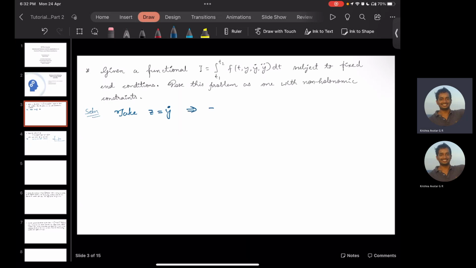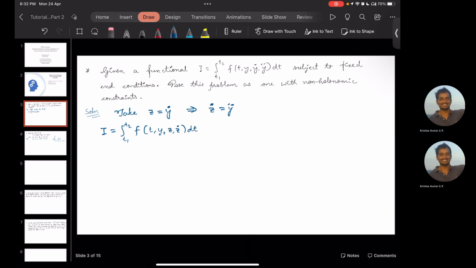Then this implies that z dot is equal to y double dot, right? So we can now convert the functional to the integral from t1 to t2 of f of t, y, z, and z dot dt. This is the new functional.